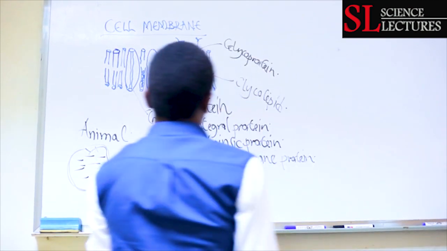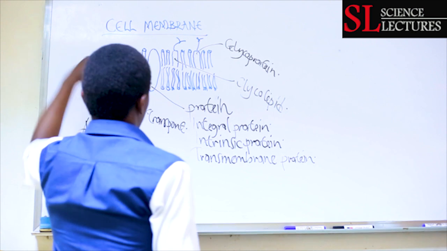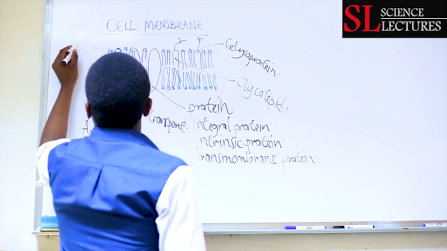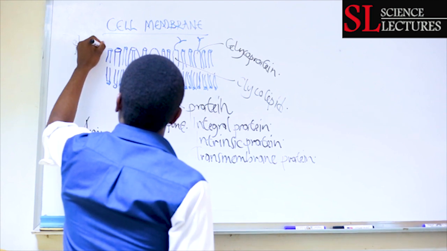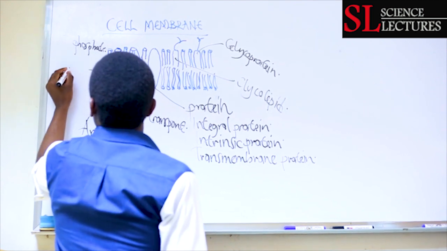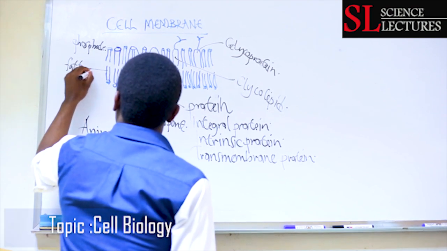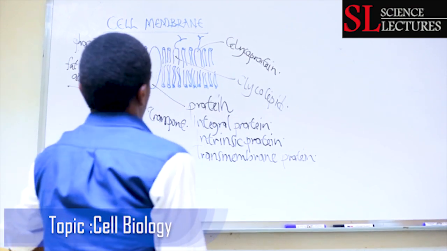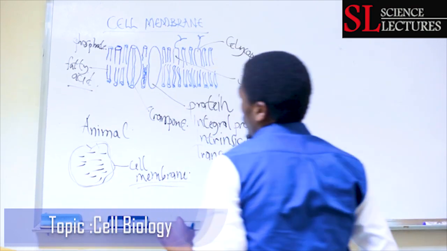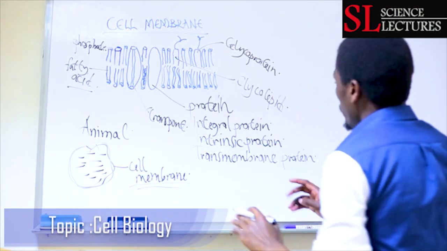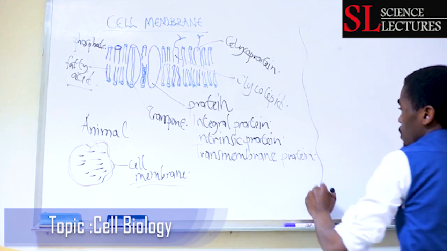If this is our phospholipid bilayer, this one will be our phosphate head, and then we have the fatty acid tails. So basically this is the structure of the cell membrane, but we are going to cover it in detail.